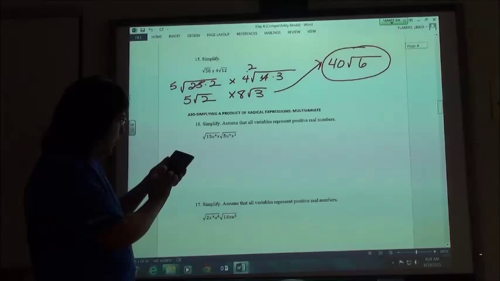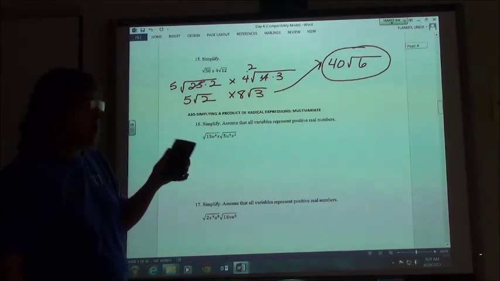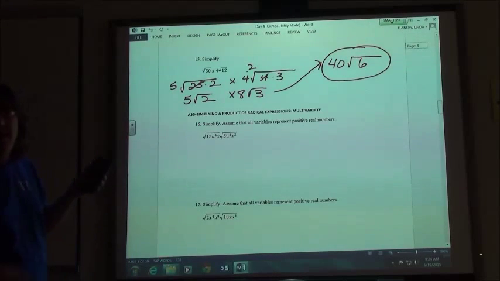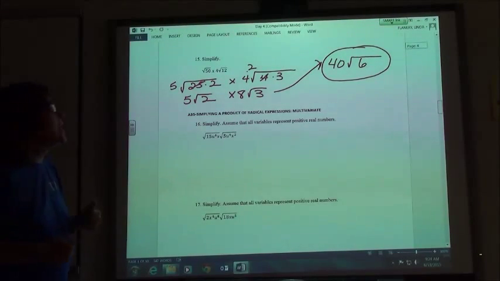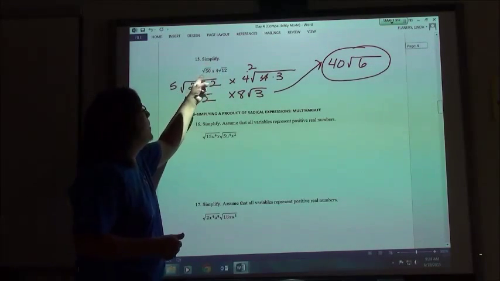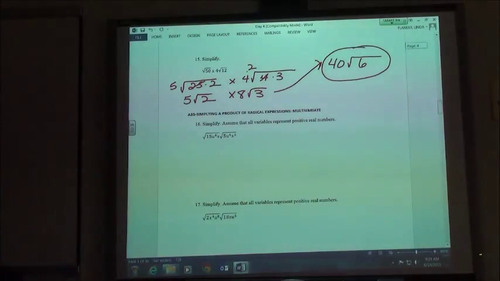If I put in 40 square root of 6 and hit equals, I should get that exact same number, 97.9795, and so forth and so on. And so to double check yourself, you can always put it in your calculator, see if you get the same decimal answer when you multiply the problem and when you put in the answer, and that way you kind of know you're on the right track.